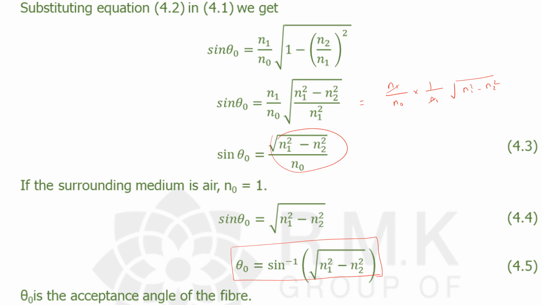You have to observe that it is only in terms of the refractive indices of core and cladding. So if I make a proper adjustment of the refractive indices between the core and cladding, I can easily fabricate an optical fiber and make sure that the light travels only through the core medium, ensuring total internal reflection.